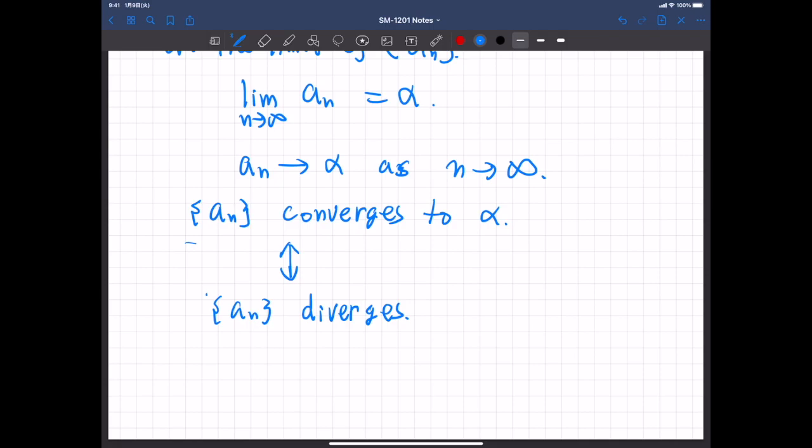Okay, so this is the definition. What this means is that as n goes to infinity, so if n gets bigger and bigger, then the difference between an and alpha becomes smaller and smaller. So this converges to 0 actually. But we will make the notion of convergence more precise later.